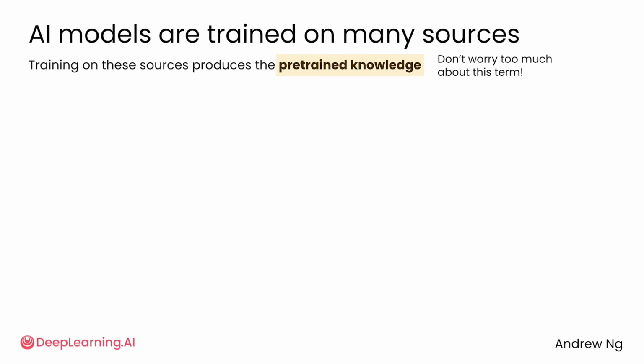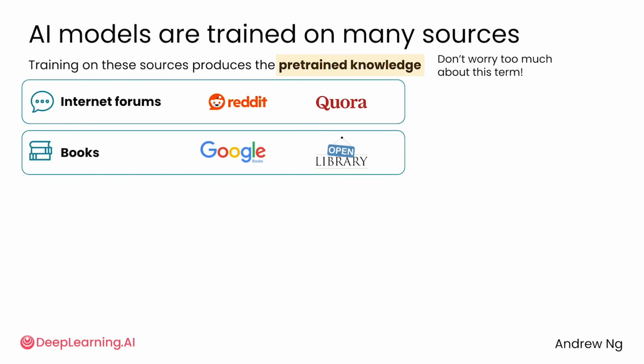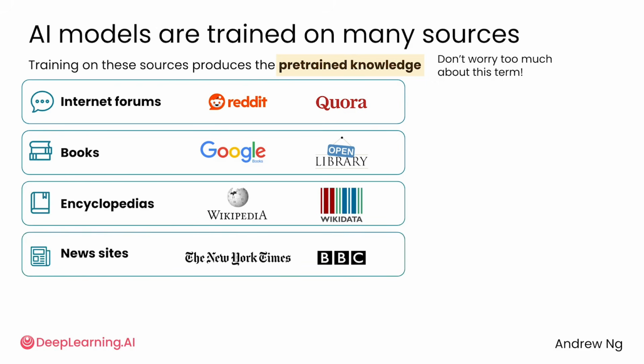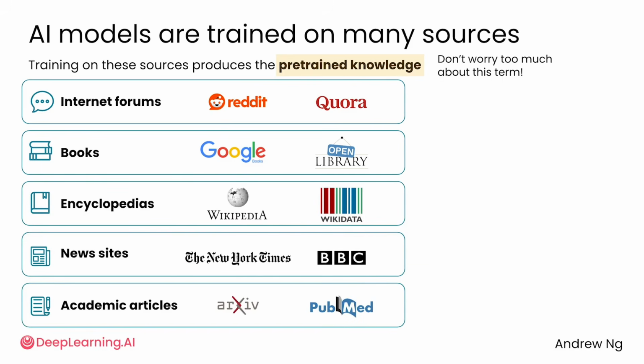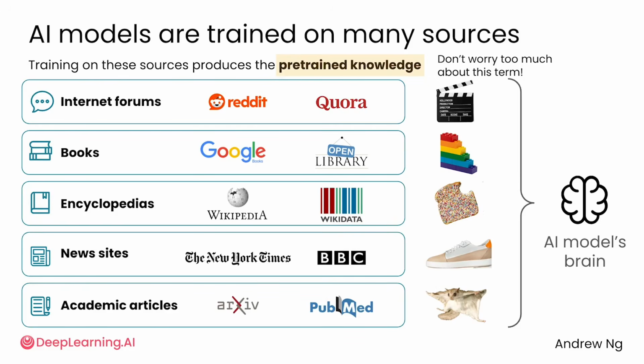On the internet, there's a lot of text on internet forums and social media like Reddit and Quora. There are a lot of books that AI will have read from. There are encyclopedias like Wikipedia, news websites, research articles, and much more. And so these trillions or tens of trillions of words will go into training the AI model's brain.